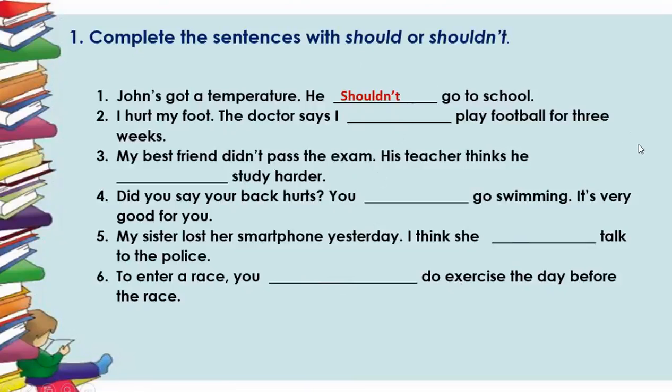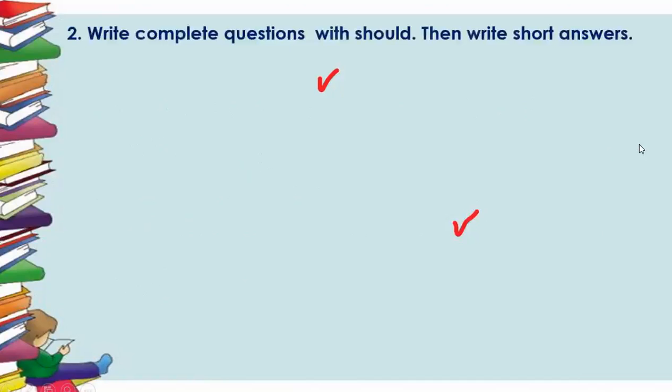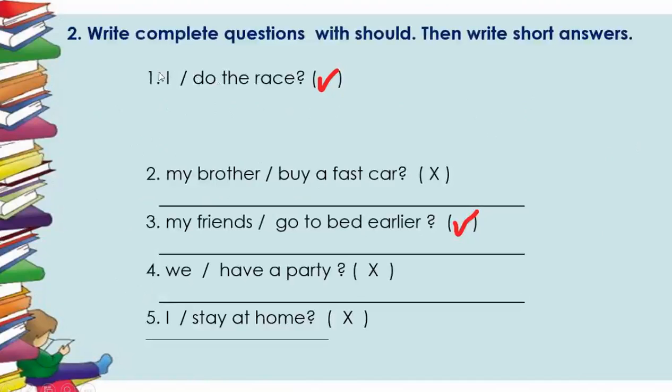Next, now activity number 2. What do you have to do here? You have to write complete questions with should. Then you have to write a short answer. The answer is going to be according to if it is positive, it has a tick, or if it's negative, it has a cross.